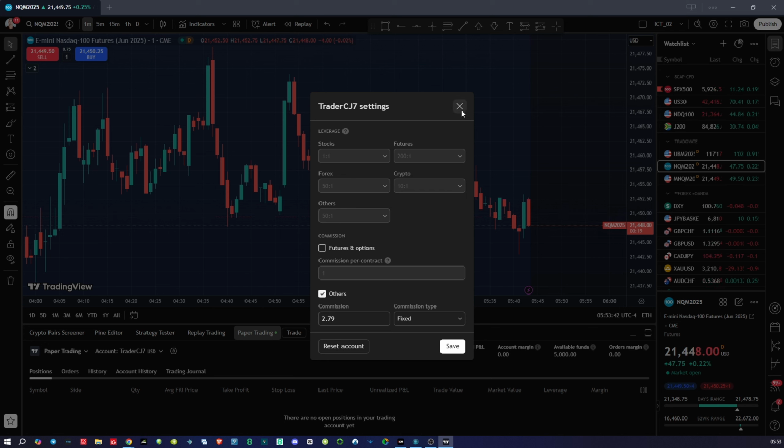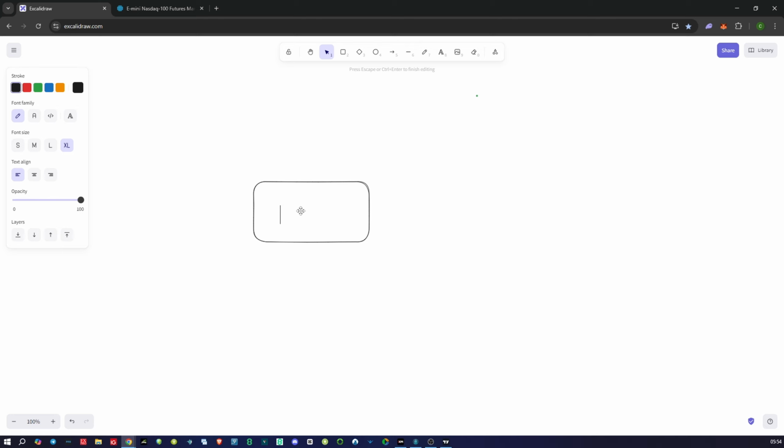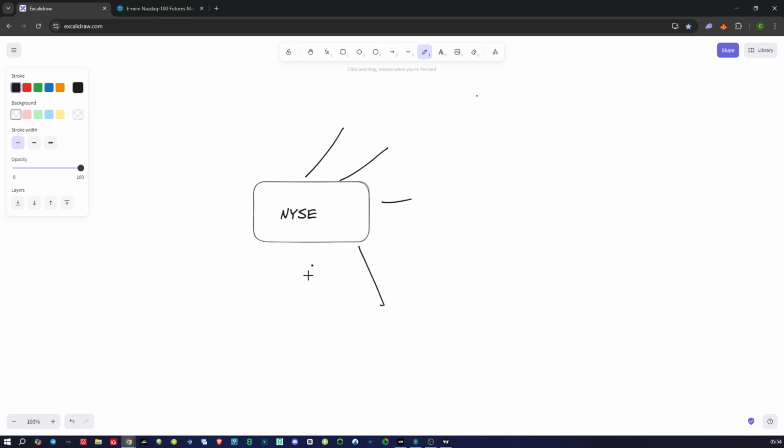What is leverage? Leverage is basically you put down a small amount of money and you borrow the rest of the money from the broker. This is the exchange. When you're trading stocks, for example, this would be the New York Stock Exchange, NYSE, and then we've got different brokers connected to this exchange.